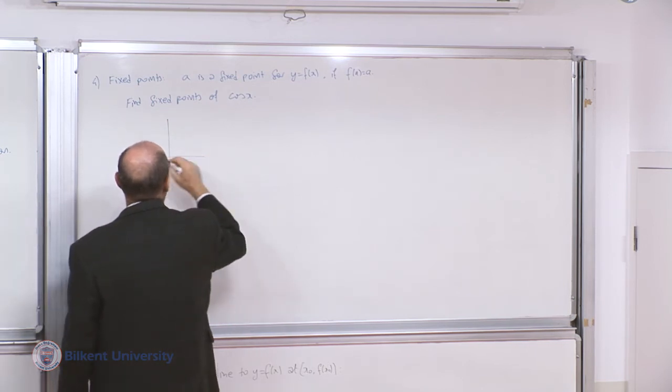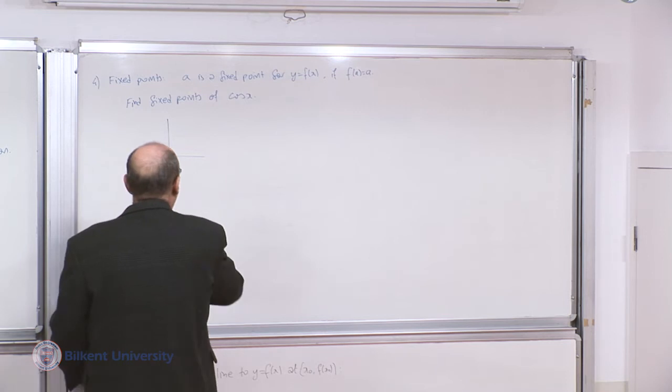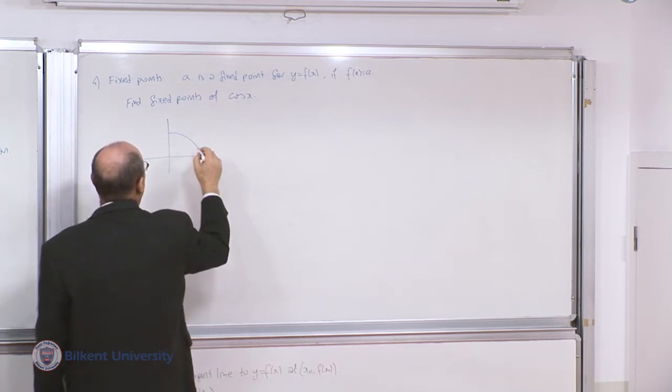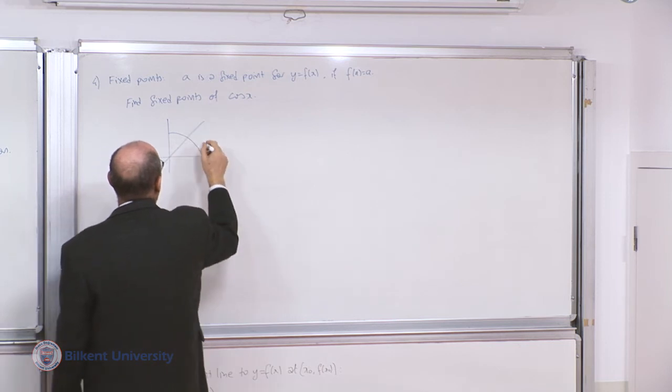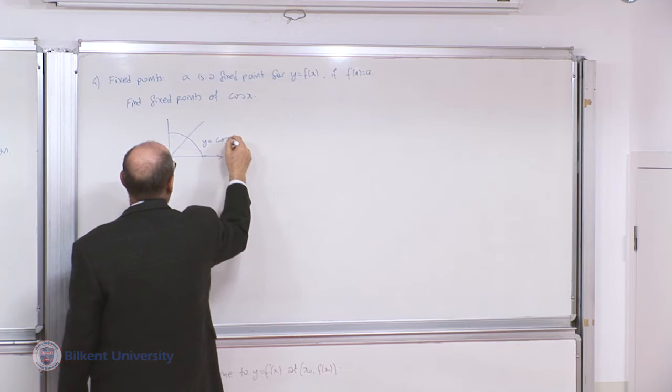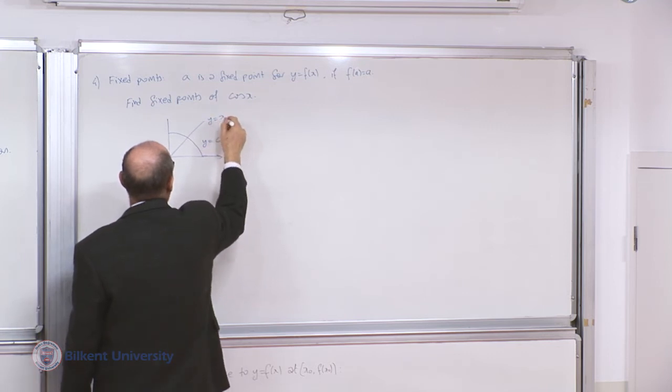Okay, so cosine x at x equals 0 is 1. So cosine x is something like this. This is y equals cosine x. This is y equals x.